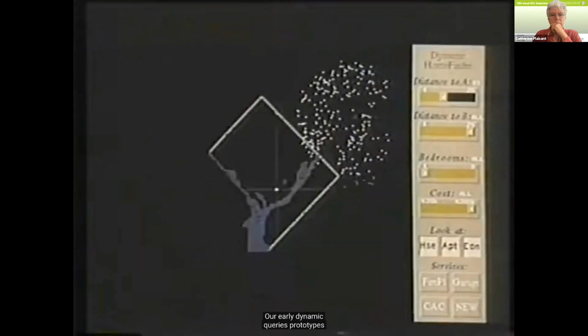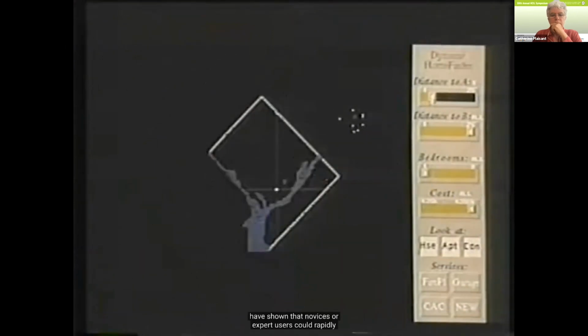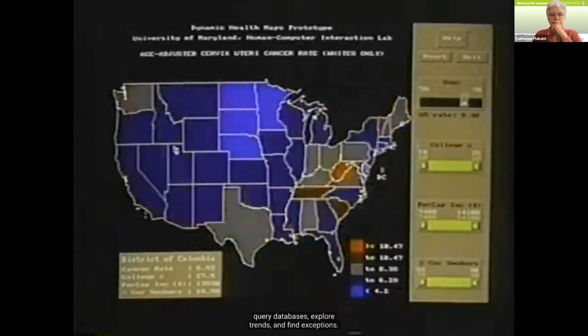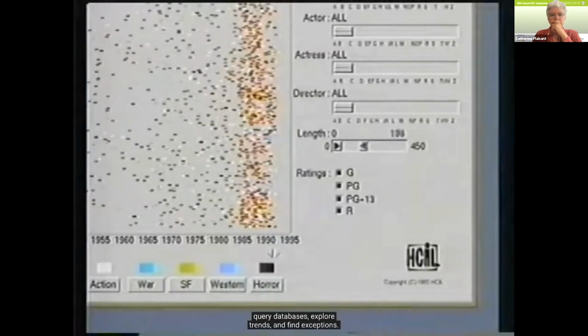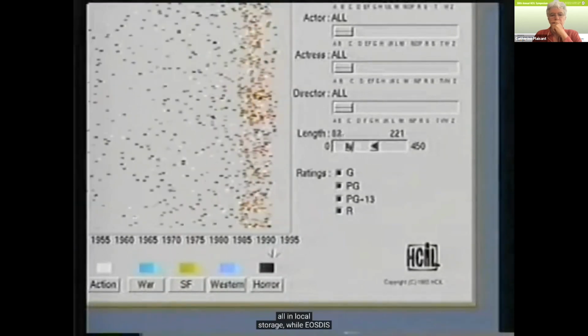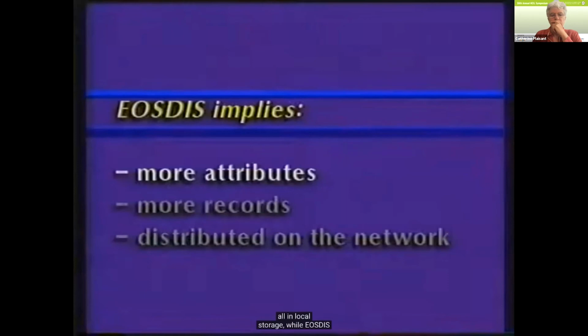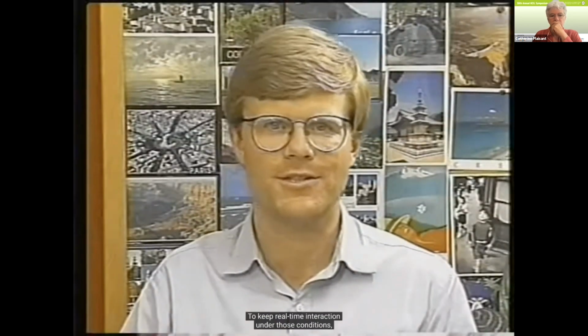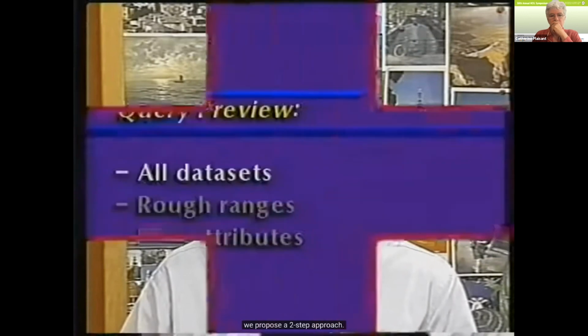Our early dynamic query prototypes have shown that novice or expert users could rapidly query databases, explore trends, and find exceptions. But those prototypes used only a few thousand records, all in local storage, while EOSDIS implies more attributes and more records which are distributed on the network. To keep real-time interaction under those conditions, we propose a two-step approach.